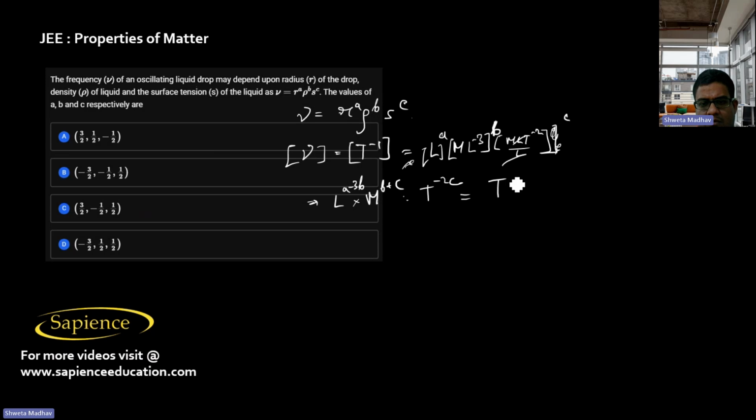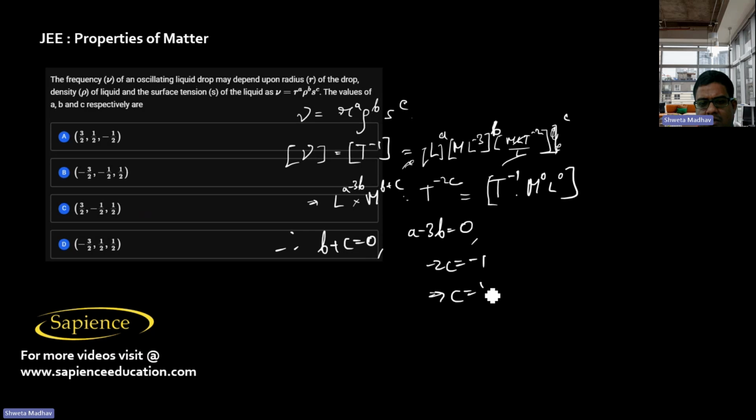That will be equal to T to the power minus 1 into M to the power 0, L to the power 0. So for M to the power 0, it means b plus c should be 0. For L to the power 0, it means a minus 3b should be 0. And minus 2c should be minus 1.